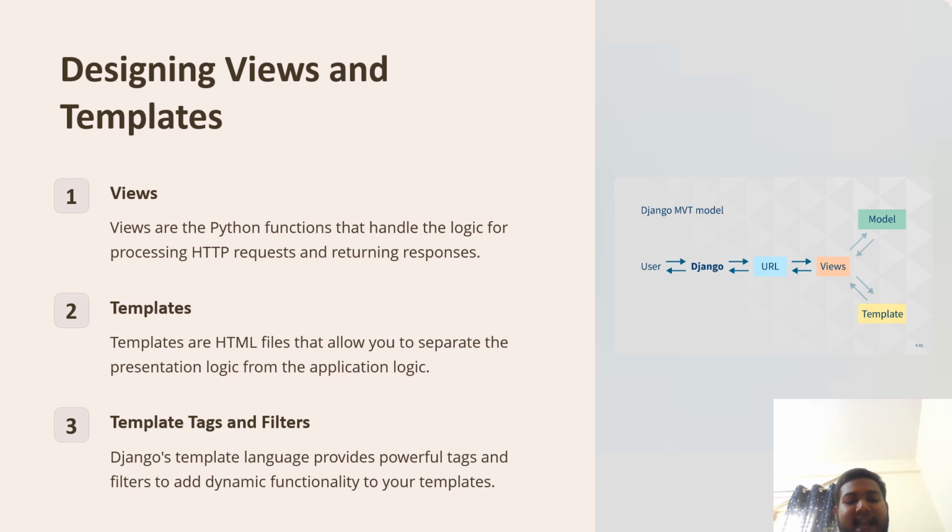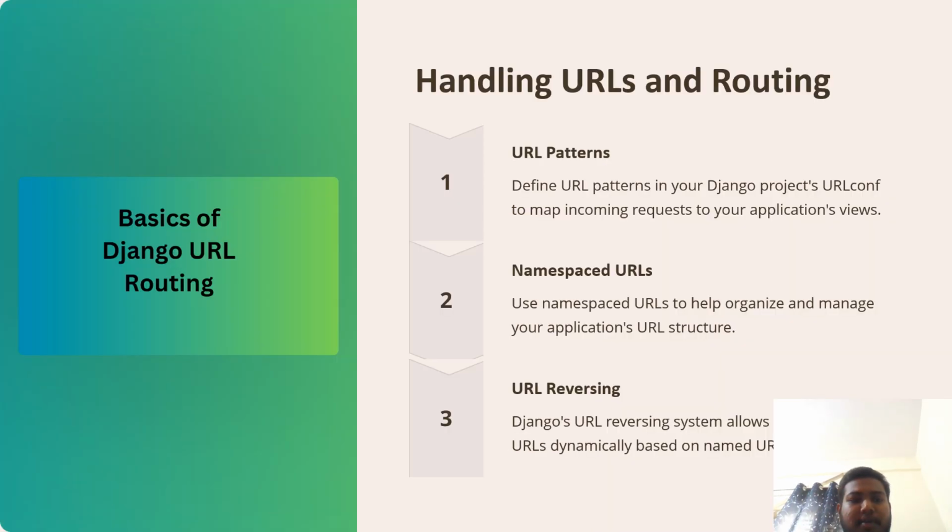Next, template tags and filters. The Django template language provides powerful tags and filters to add dynamic functionality to your templates. Next, we see the basics of handling URLs and routing.